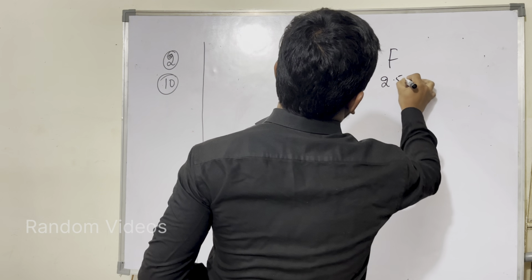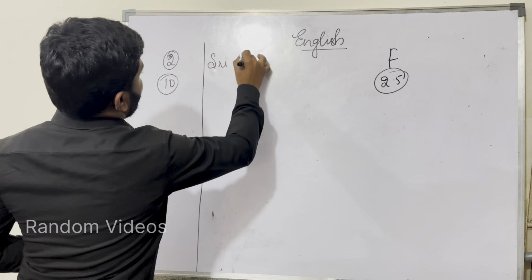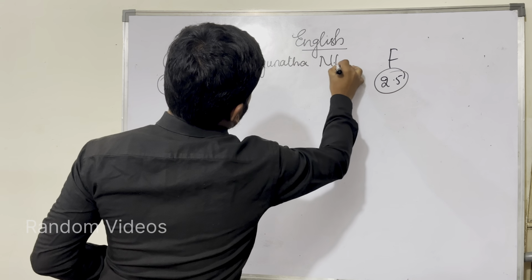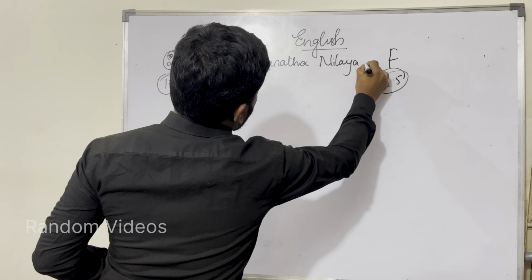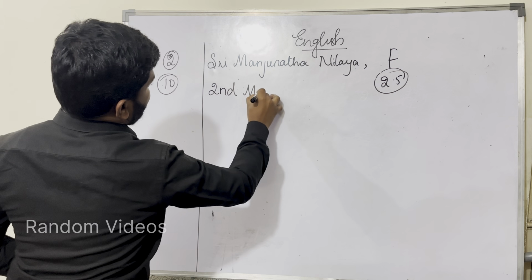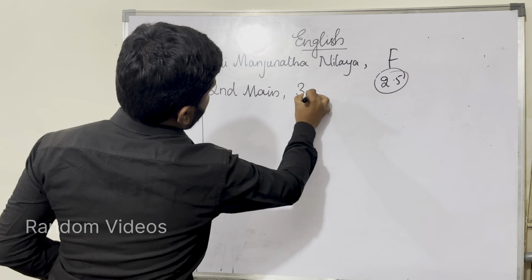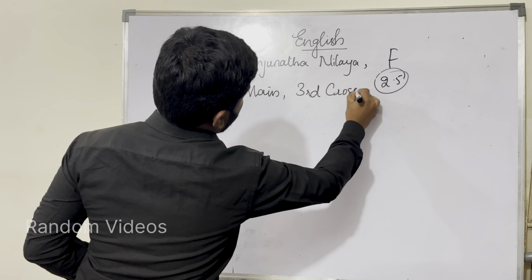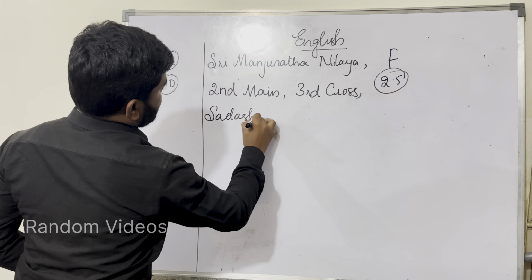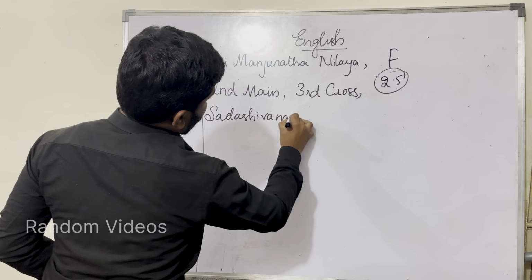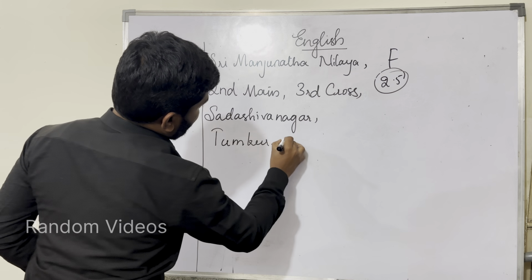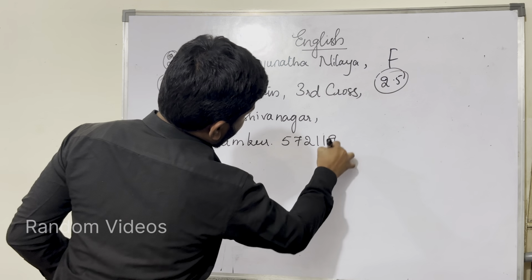We have 2.5 marks for the format. Sri Manjunatha Nilaya, comma, second main, third cross, Sadashivnagar, comma, Tumkur, 572119.